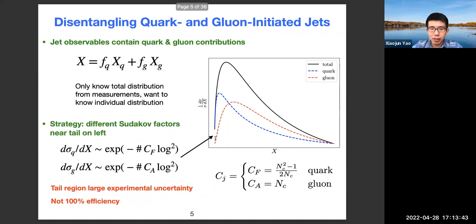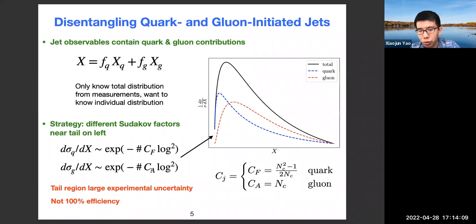There have been a lot of studies along this direction. A popular approach is to rely on the Sudakov factors using some jet substructure observables. If we look at these jet substructure observables in the tail region, the distributions typically look like this. The quark contribution has a Sudakov double log.